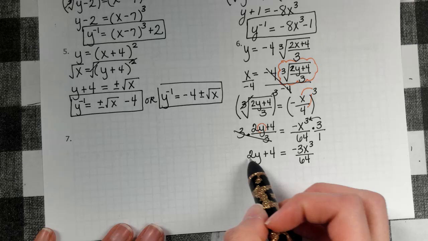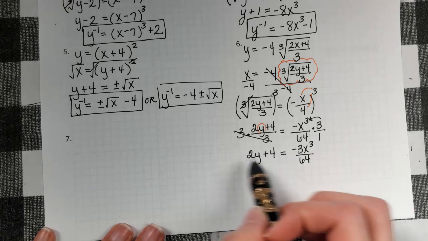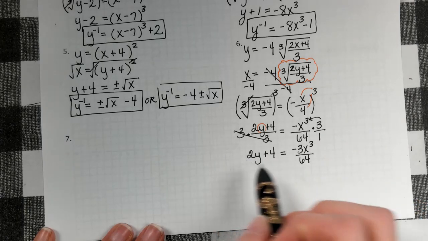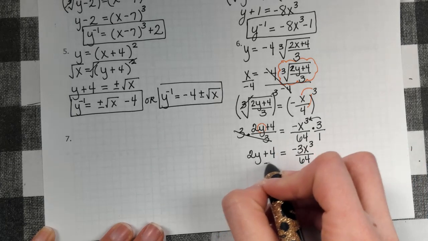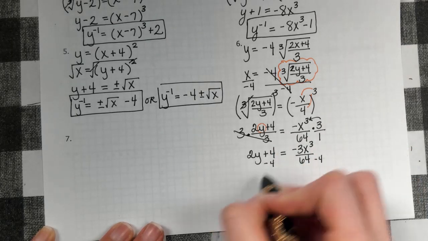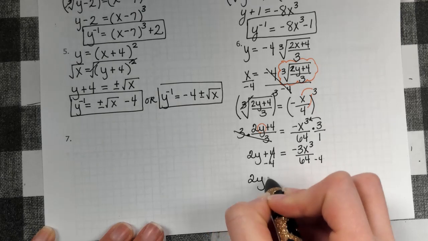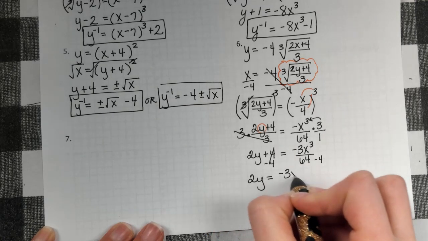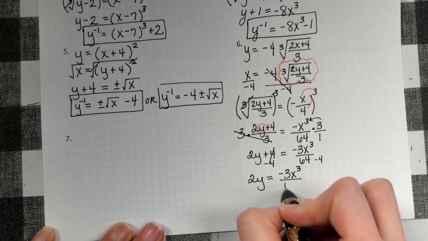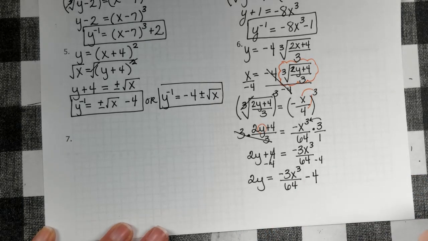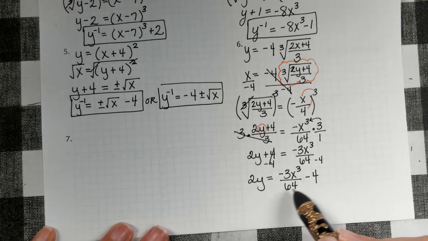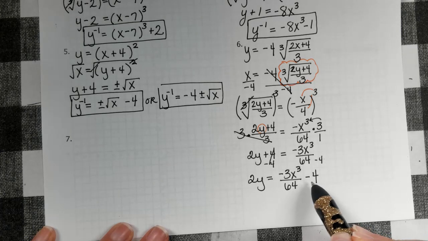So now, if I'm just looking at 2y plus 4, regardless of what's over here, what do I know I need to do first? Subtract your 4. So when you subtract your 4, you're going to have 2y equals -3x cubed over 64 minus 4. Now, can I leave it like this? No. What do I need to do?